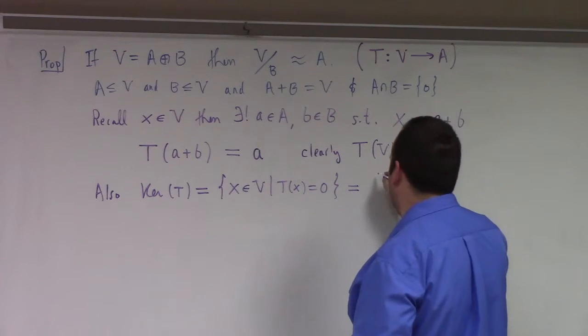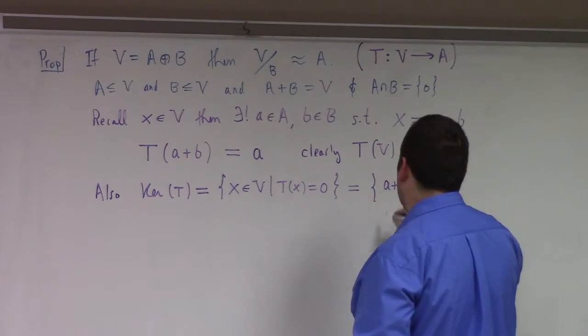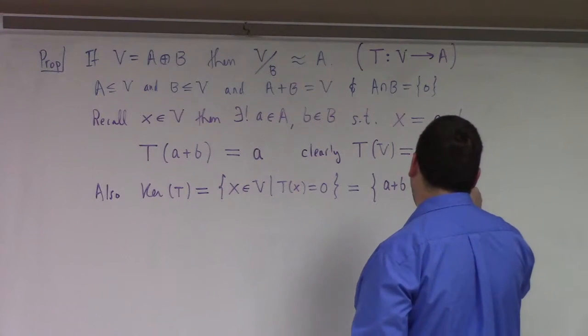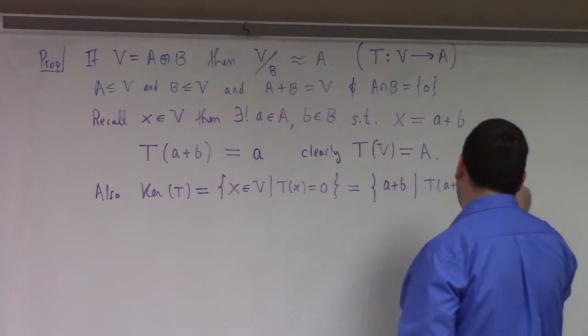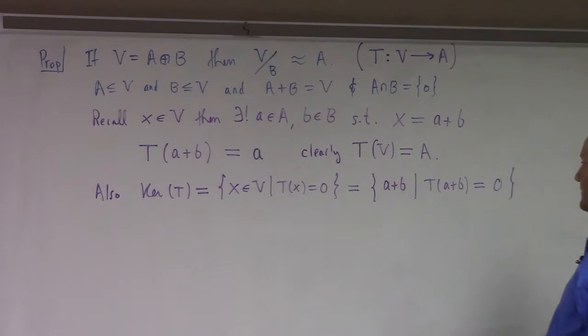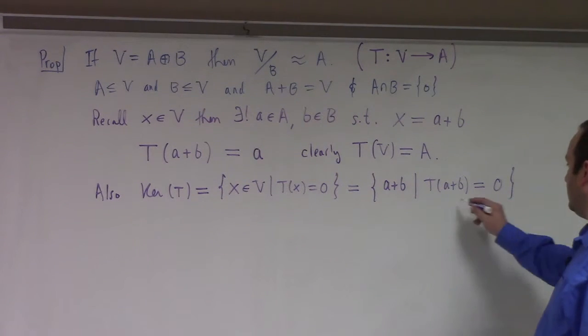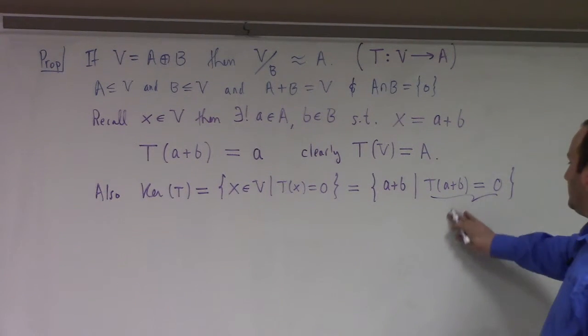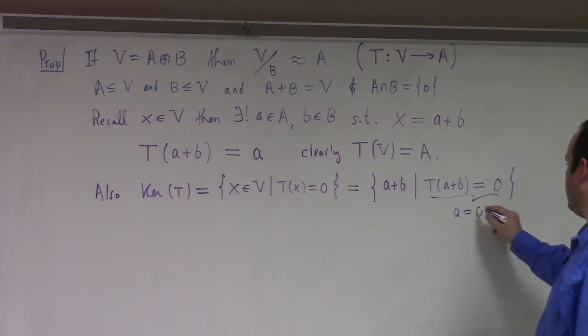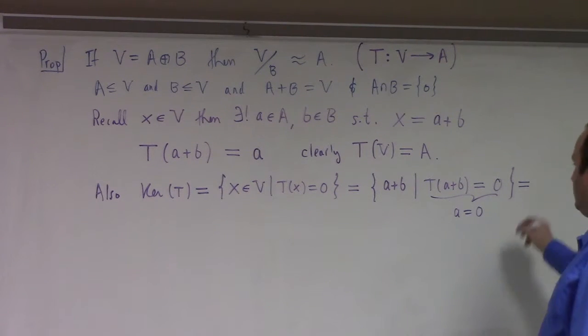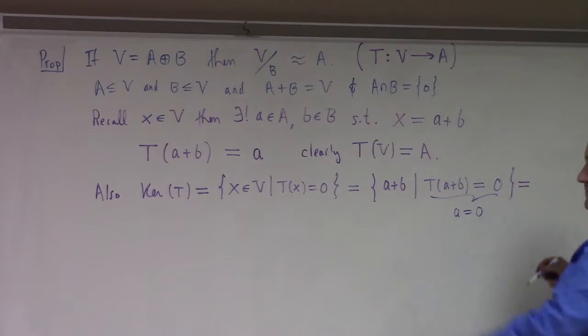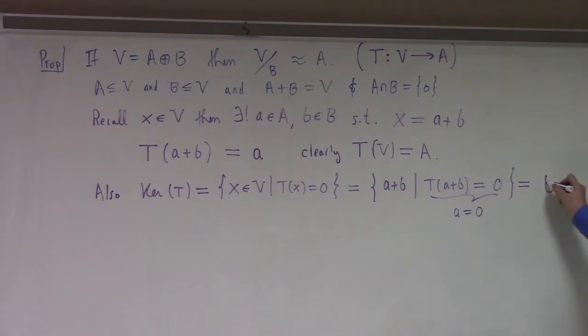To be more precise, let me write it out again: A plus B such that T of A plus B equals 0. But what's T of A plus B? T of A plus B is A. So this gives me A is equal to 0. In other words, this is really just precisely B.